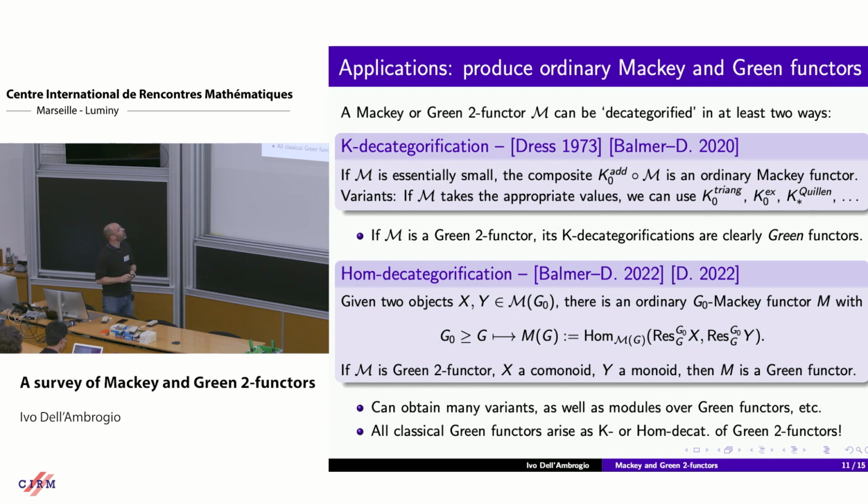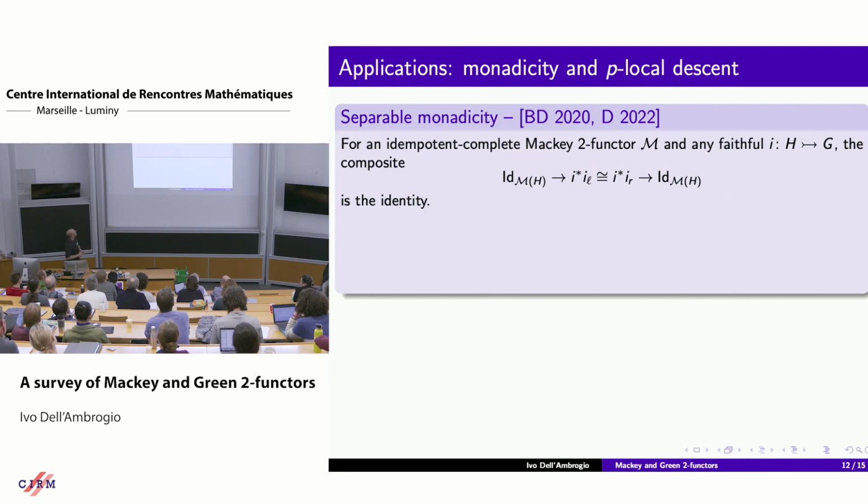Do we have other applications? Yes? That's maybe closer to the theory side of things, but you have a separable monadicity of restrictions. This means that if you have a Mackey two functor which is idempotent complete, by which we mean each of the valued categories is idempotent complete, of course, and then you take any faithful morphism I from H to G, then you can build this composite between the unit of the left adjoint, right?